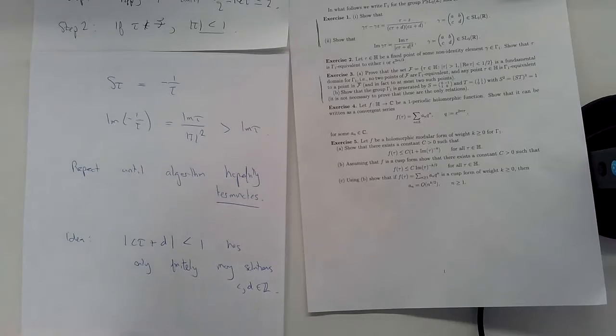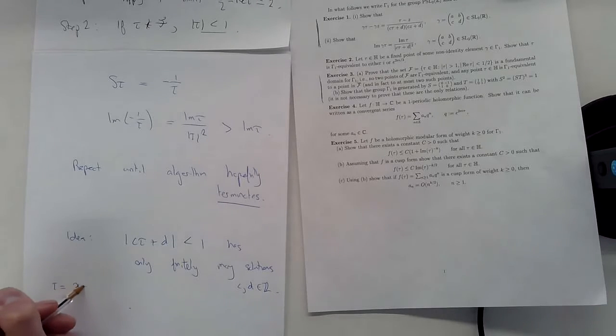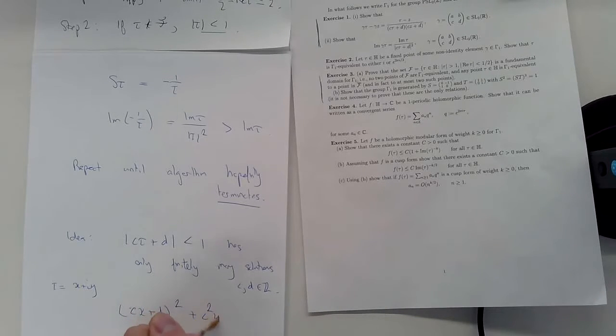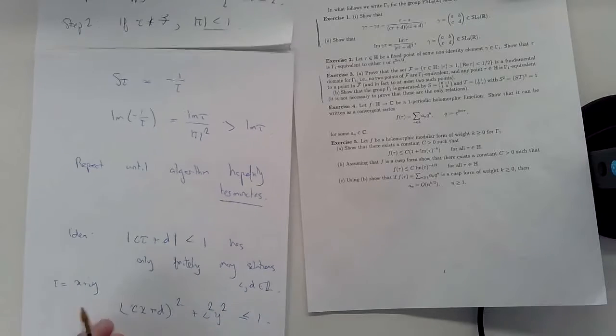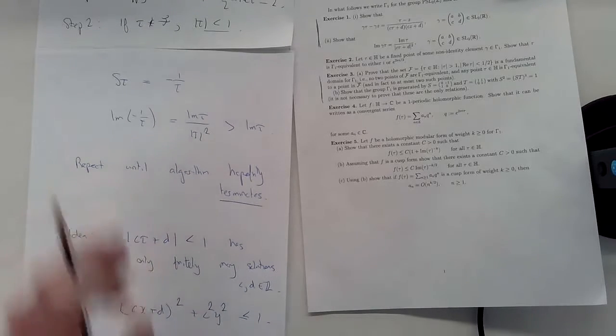And to see this, you can just expand out the absolute value. If I write tau as x plus i y, we get something like requiring (cx plus d) squared plus c squared y squared is less than or equal to 1.